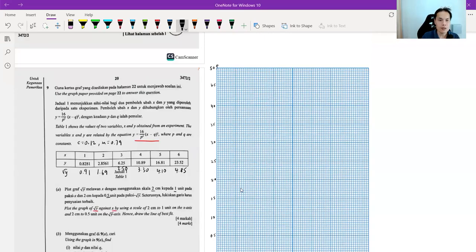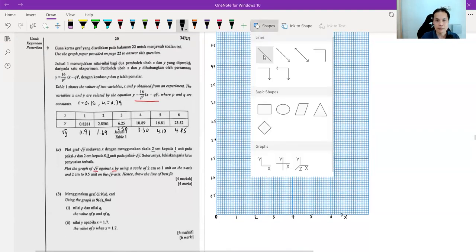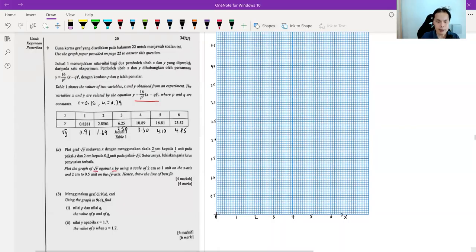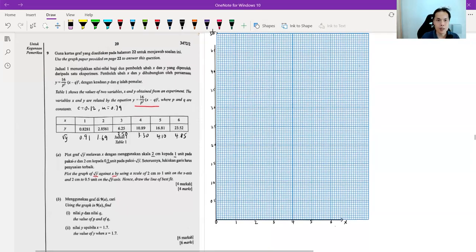Okay, and this is square root of y. Maybe I should just add in my axes, makes it look nicer. I add in here, this is my horizontal axis. Okay, add in my vertical axis. Oops. My vertical axis is from here up.